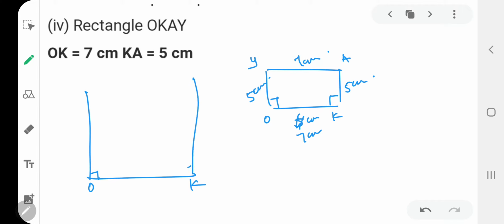From K also draw 90 degree. With your compass, take a cut of 5 here. And here also take a cut of 5. OK is your 7 centimeter base. Join this and you can name it as OKAY. This is your required structure. Done? Those who can use your compass and make the angles will be great. If you could not make with your compass, you can make with your protractor also.